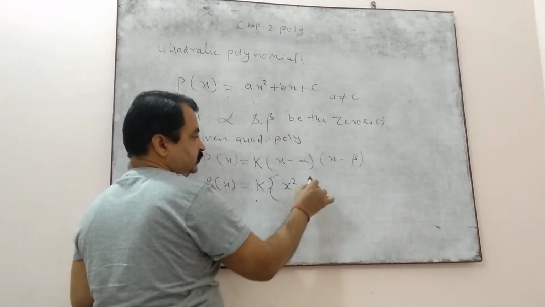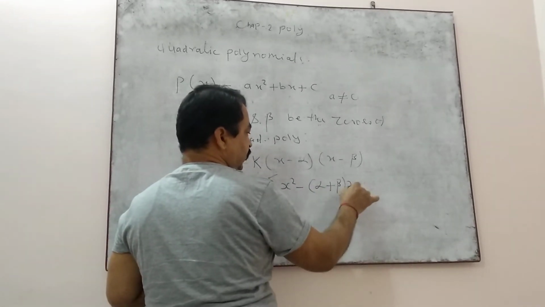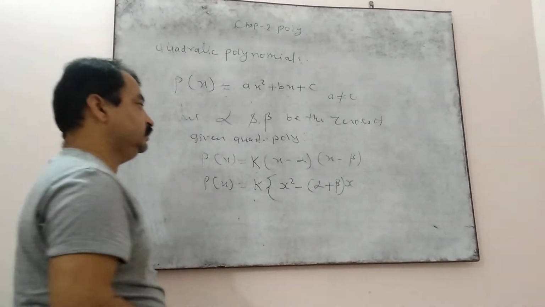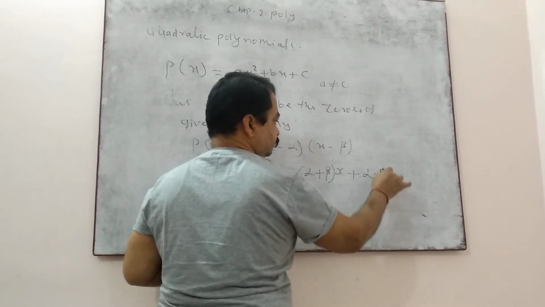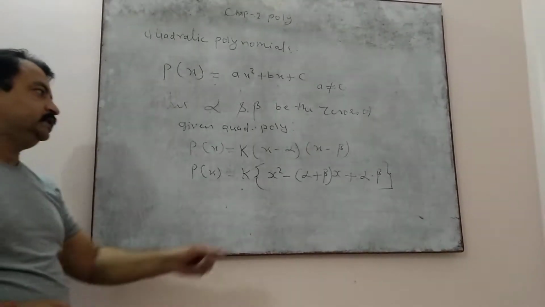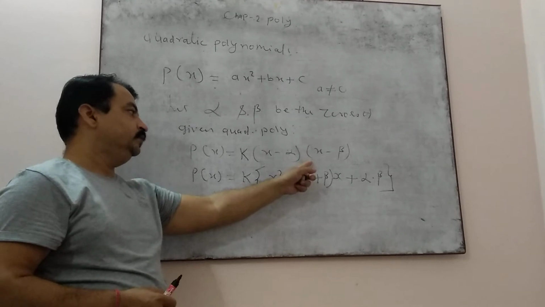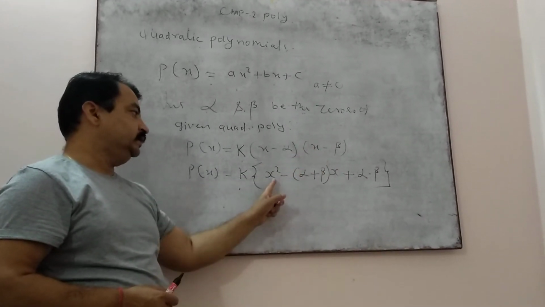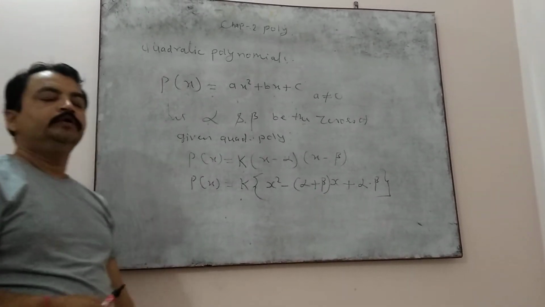x square minus (alpha plus beta) x plus the product of the zeros, that is alpha into beta, right? This is the identity which you have studied in class 8 and 9th also, the fourth identity, which we can apply here. So we get (x minus alpha)(x minus beta) equals x square minus (alpha plus beta) x plus alpha into beta.